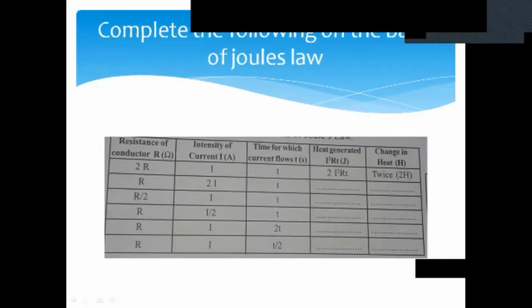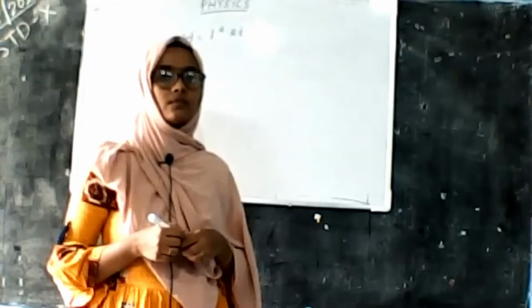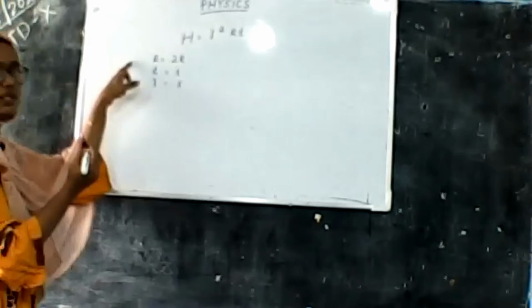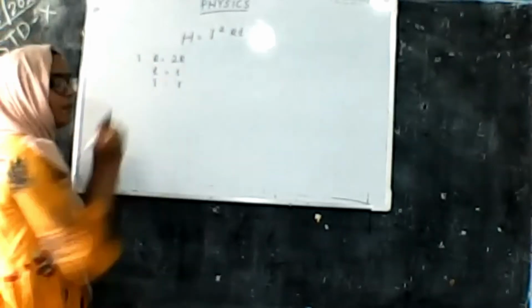In this first case we have R is equal to 2R, T is equal to T, and I is equal to I. This is the first set of values, and we use these measurements to apply Joule's law.